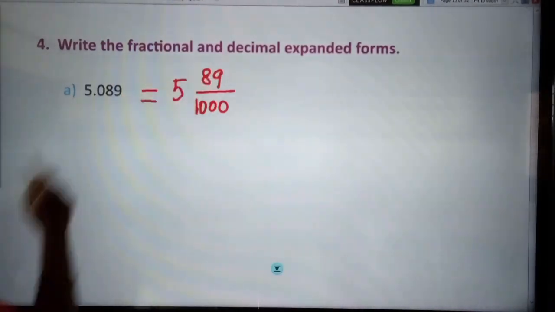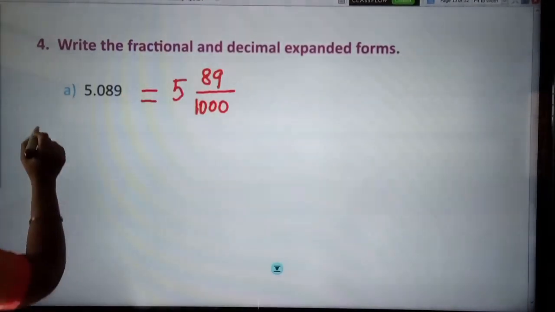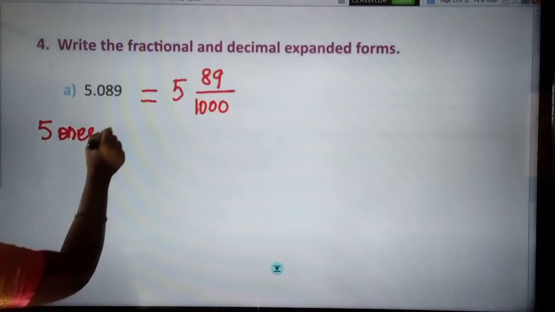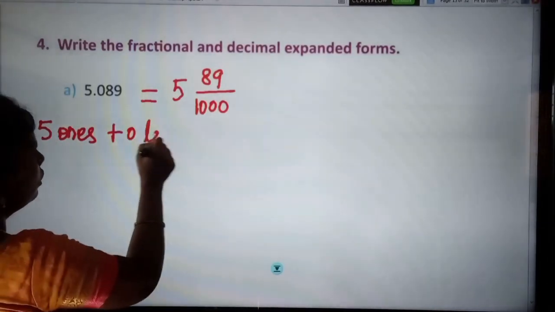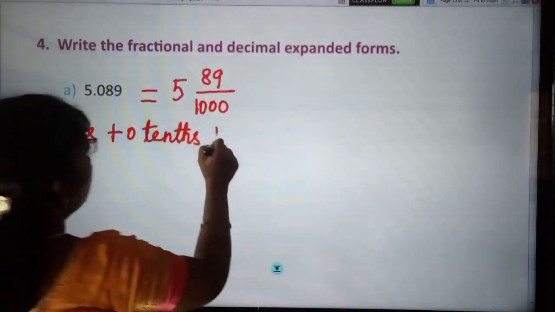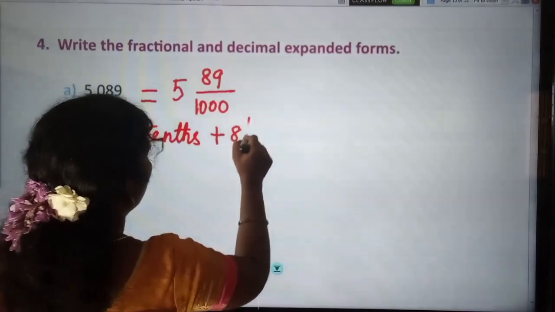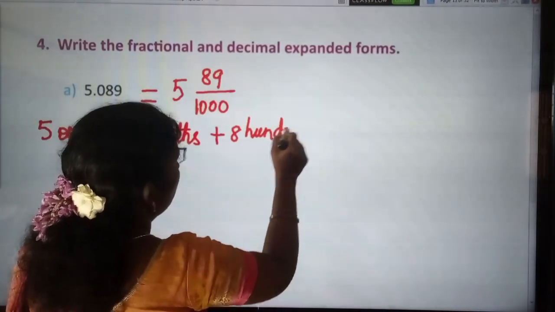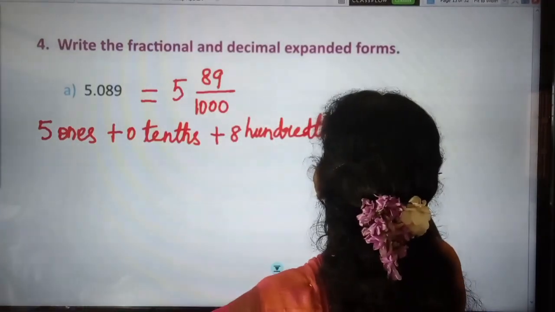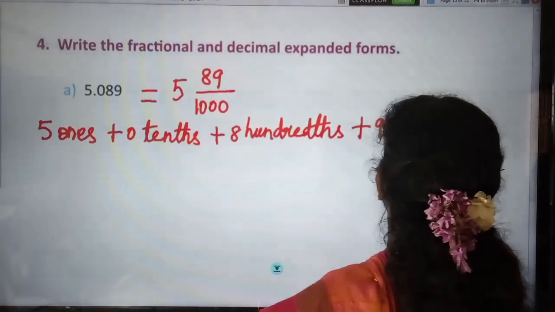The same way, when you are converting into decimal form, you can write this as 5 ones plus 0 tenths. In the tenths place we have only 0. Next, in the hundredths place, 8 hundredths. Next, in the thousandths place, 9 thousandths.